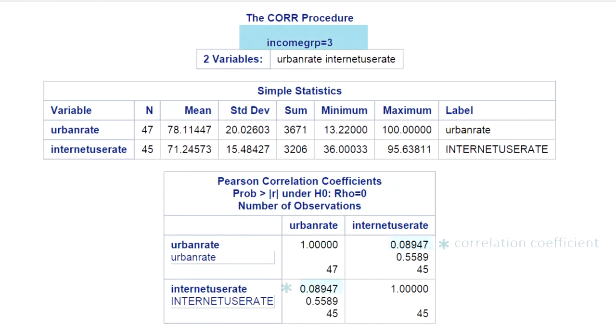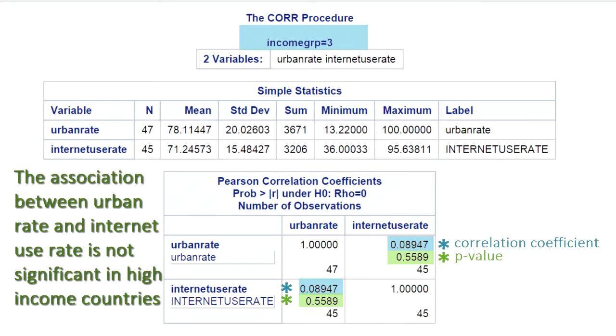And finally, among high-income countries, the correlation coefficient is 0.089, again with a large p-value, suggesting that the association between urban rate and internet use rate is not significant for high-income countries.